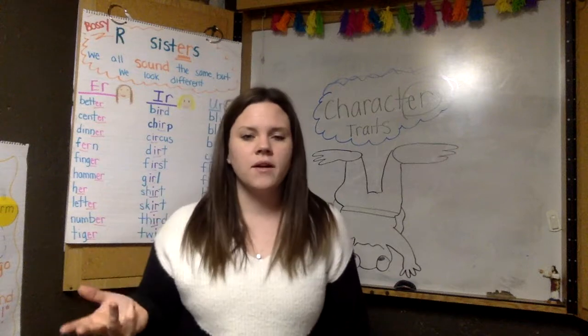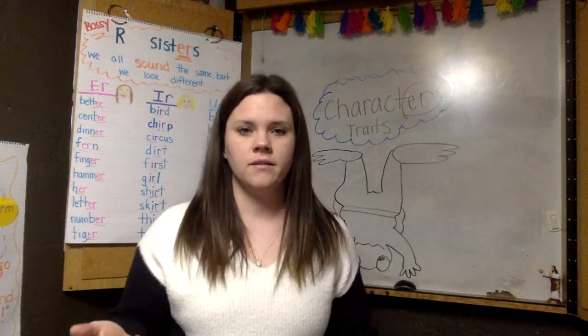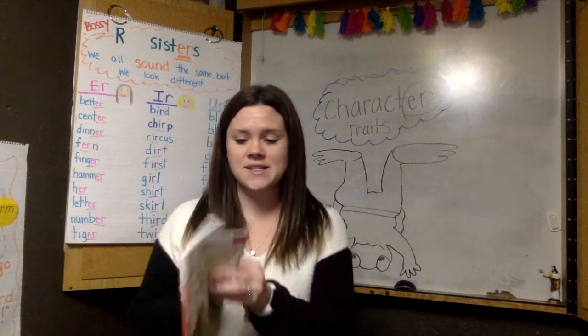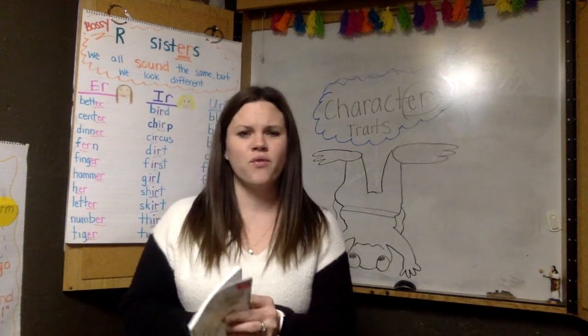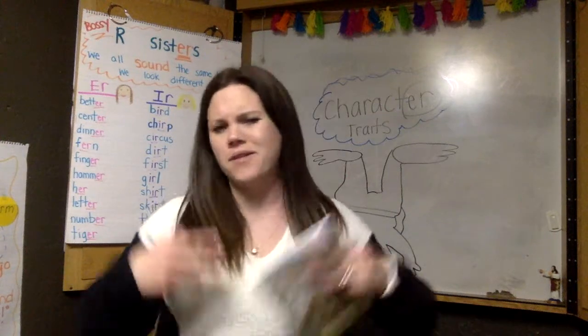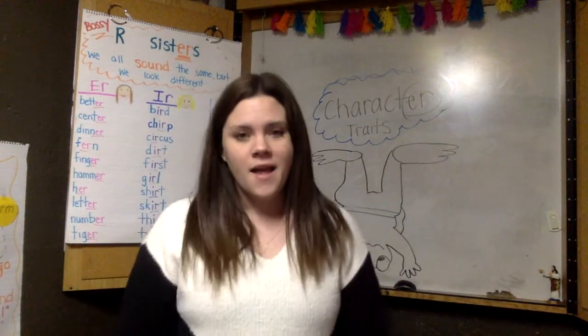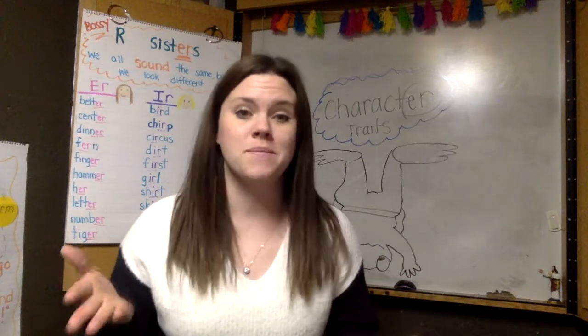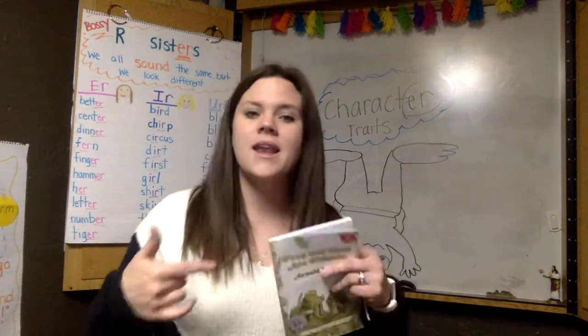And maybe certain characters feel certain ways often, right? Remember in the story we read in Frog and Toad Are Friends, the lost button. Remember Toad was so grumpy. He said, "Oh, my feet hurt and now I lost my button." And you guys told me how Toad was really grumpy or upset or angry in that story.